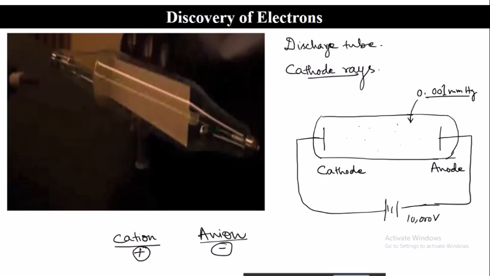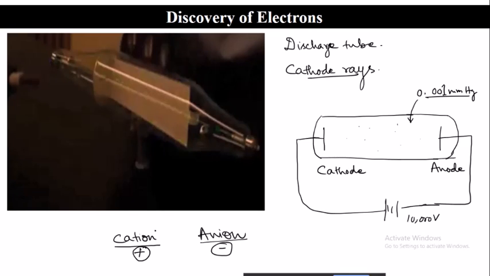That is the way you have to remember: the cation will move towards the cathode, and the anion towards the anode.